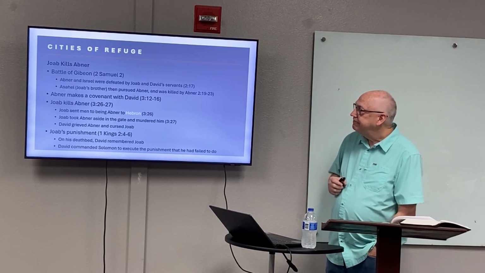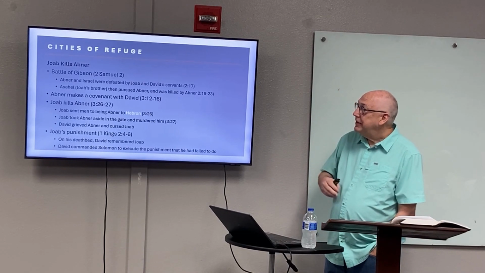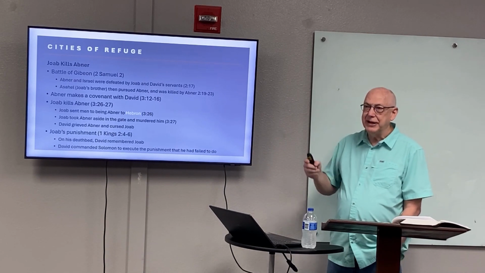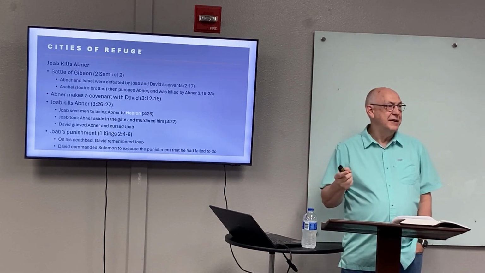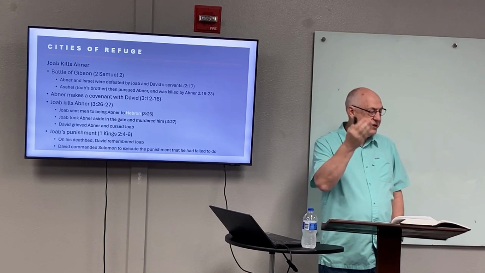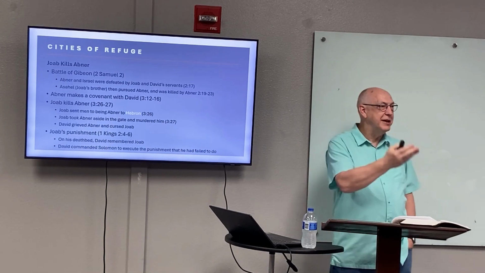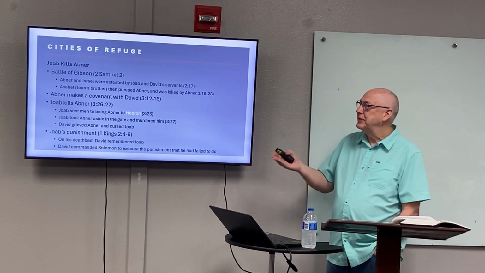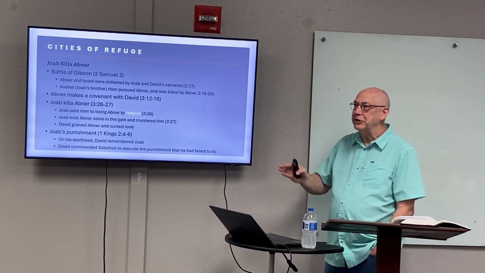Interesting. So anyway, that's the story of Joab and Abner, and how the sanctuary city comes into play. I said sanctuary, city of refuge. See what you did, Bob? So that's how the city of refuge comes into play, and you see it illustrated in this process.